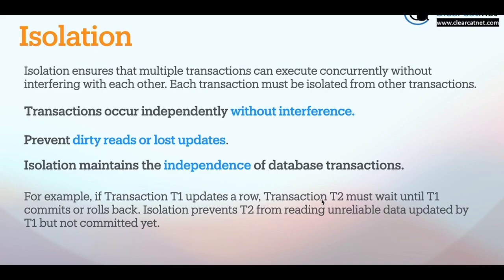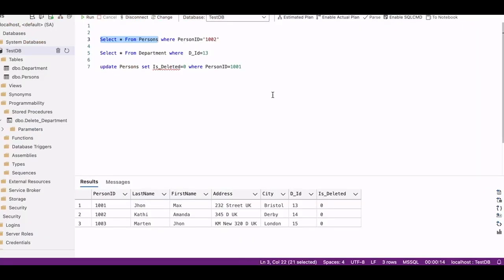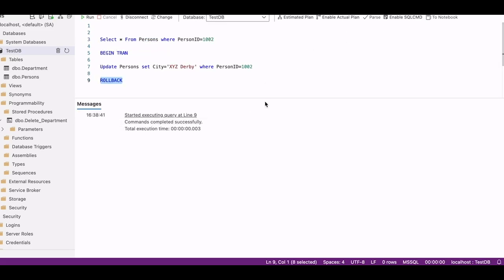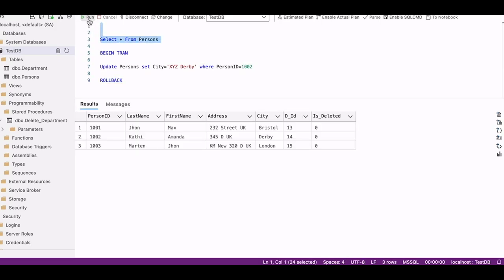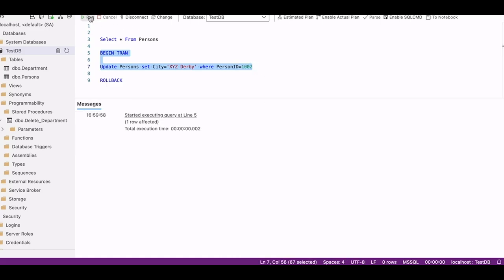Okay, let's check in our SQL Server. We have a table person, and we have three records in the person table. Now we are going to begin the transaction and try to update the city. If we run this, we have opened the transaction and updated the column city.